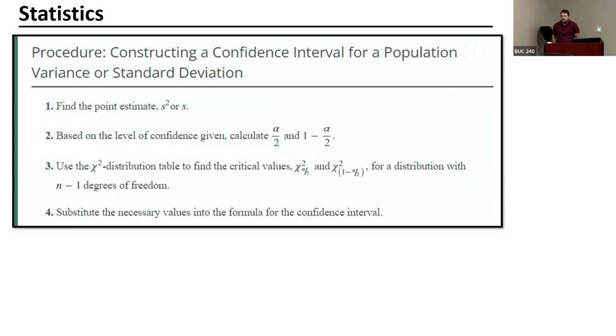Either you're going to have to put it into your list function or they're going to give it to you. If they're asking for variance, but they give you standard deviation, make sure to square it. If they ask for standard deviation, but they give you the variance, make sure to take the square root of it. Based on the level of confidence given, calculate your alpha over 2 and your 1 minus alpha over 2, and then use your table and then substitute. But what does all that mean? Let's do an example.